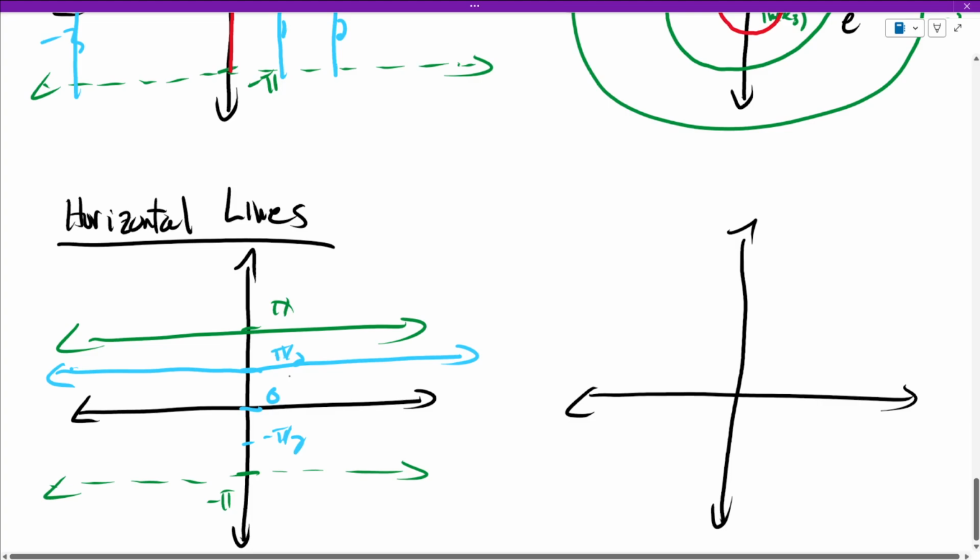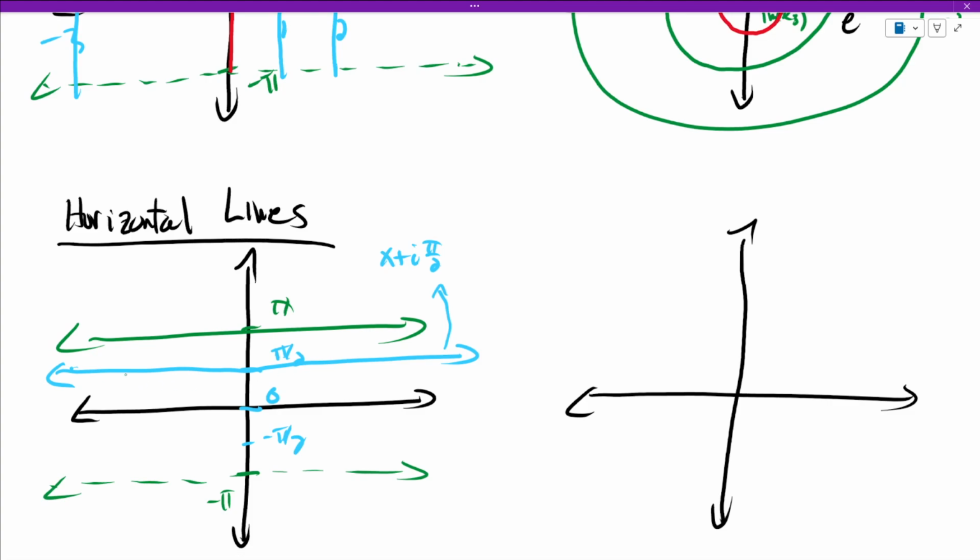All right, so what do points on this guy look like? Well, your imaginary part's constantly pi halves. So it looks like x plus i pi halves, and x is allowed to be any real number, right? Because we go infinitely to the left and to the right.